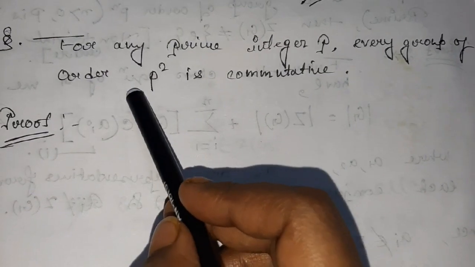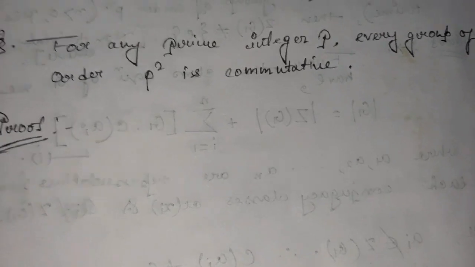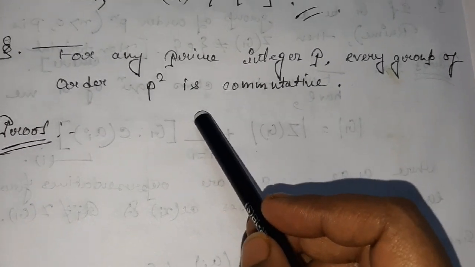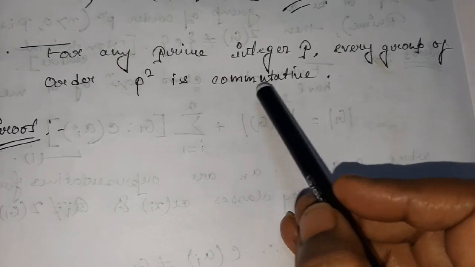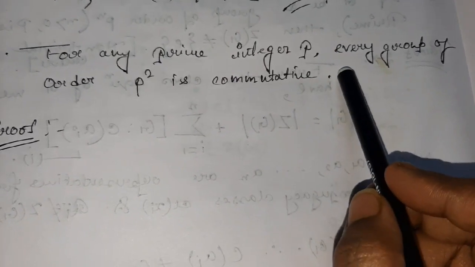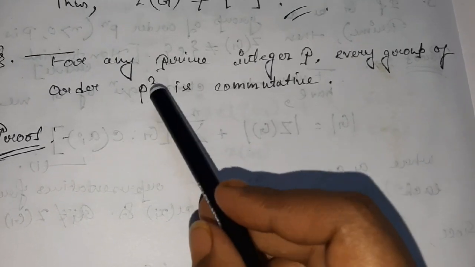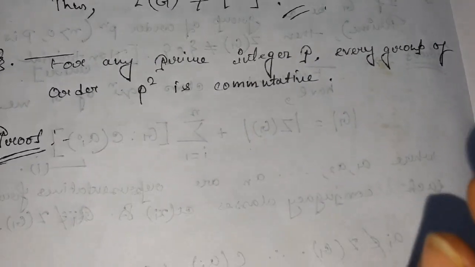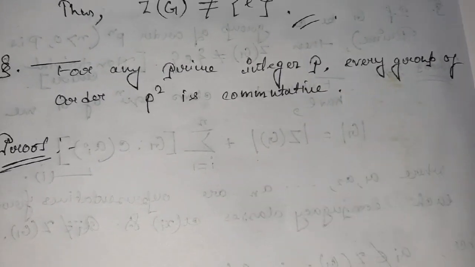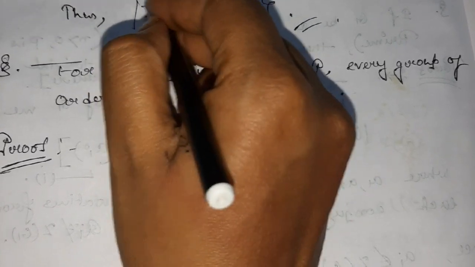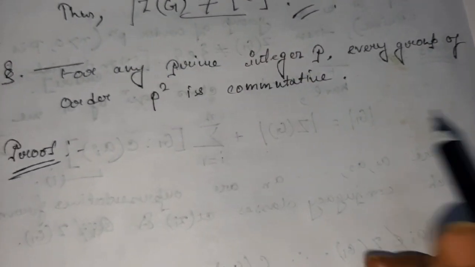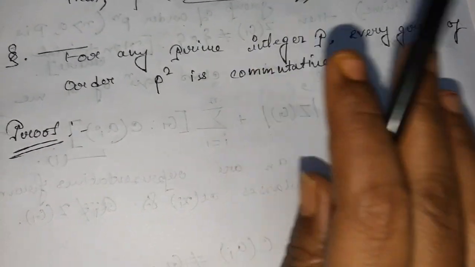Now come to the next theorem. The statement is, for any prime integer p, every group of order p squared is commutative. If we consider any group with order p squared where p is any prime number, then the group will automatically be an abelian group. To prove this I will use the previous concept. That means whenever the order of any group is p to the power n, then ZG will be non-trivial.